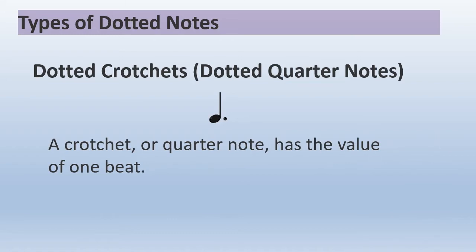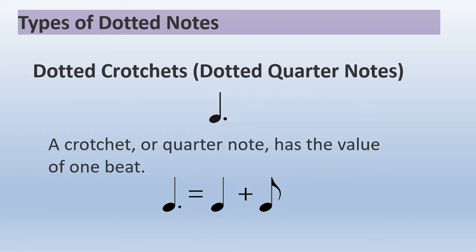By expression, a dotted crotchet is equal to a crotchet plus a quaver, because a quaver is half of a crotchet. So the dot by the crotchet is actually a quaver, because the dot is half of the note and half of the crotchet is a quaver.